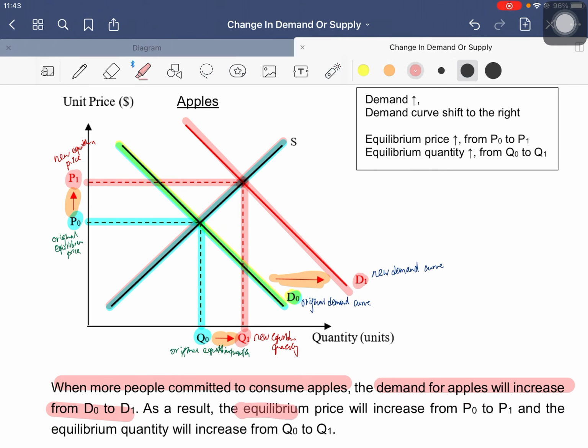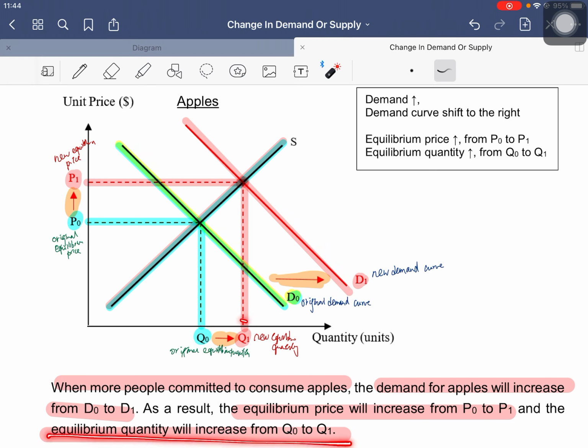And as a result, the equilibrium price will increase from P0 to P1. This sentence is presenting the diagram here. And lastly, the equilibrium quantity will increase from Q0 to Q1. This sentence is presenting this part of the diagram.